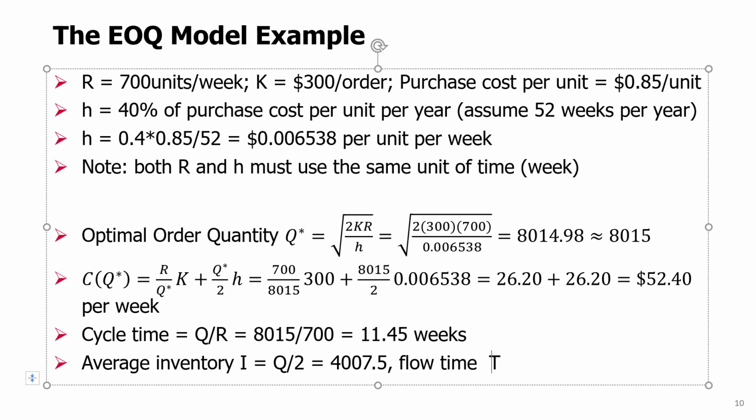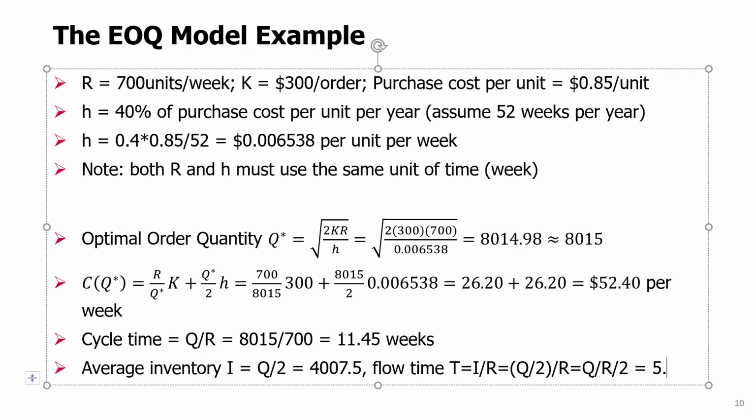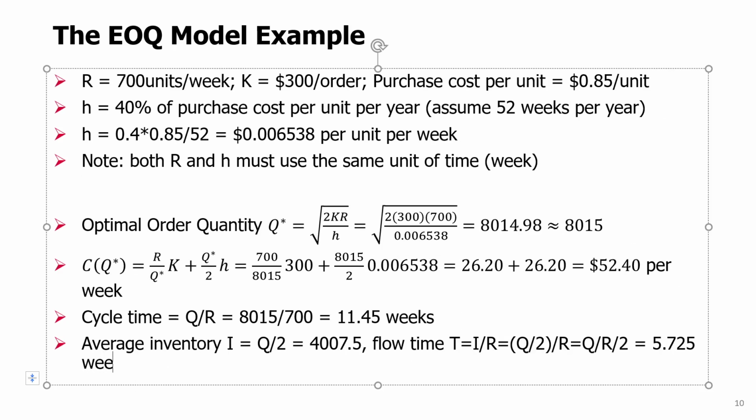Flow time, T, will be I over R. Let's clarify: I is Q over 2, and then divided by R. That's like saying Q over R over 2, and Q over R we already calculated as 11.45 weeks. So this is going to be half of that, which is 5.725 weeks.